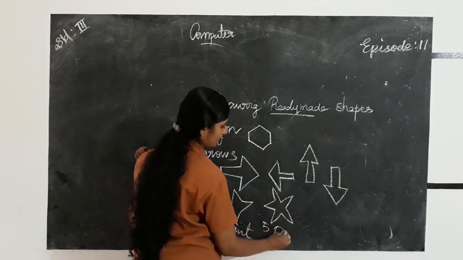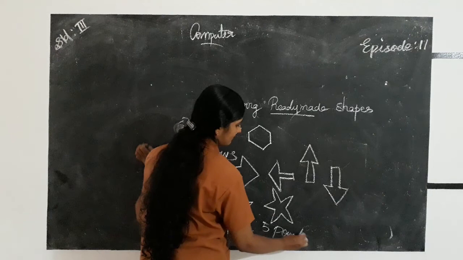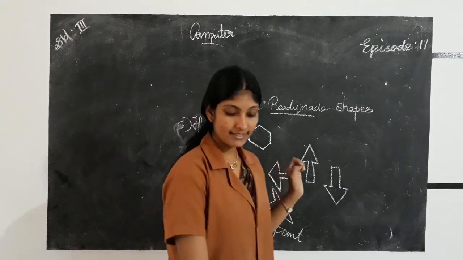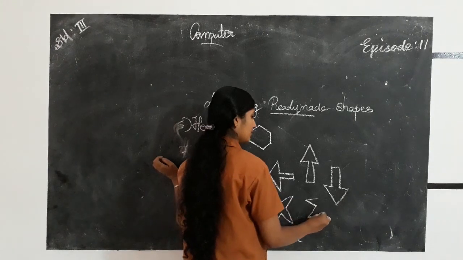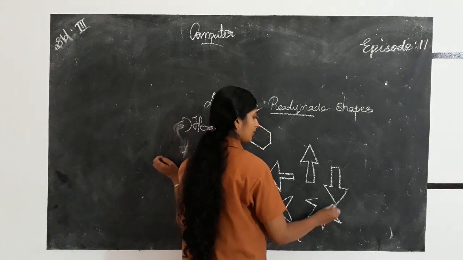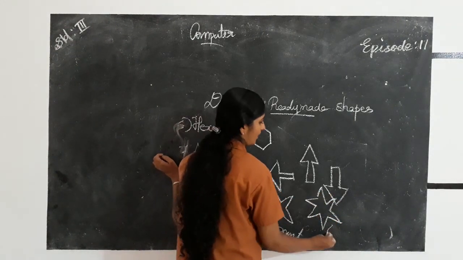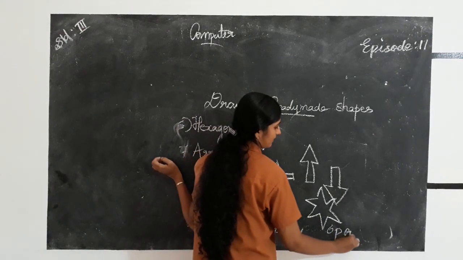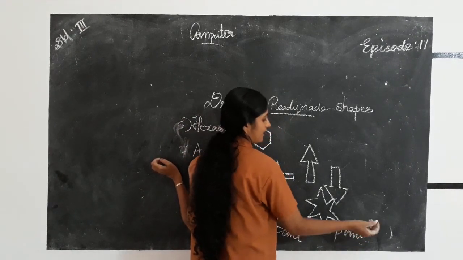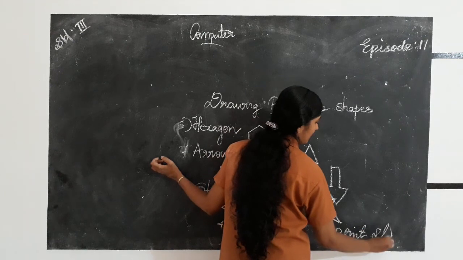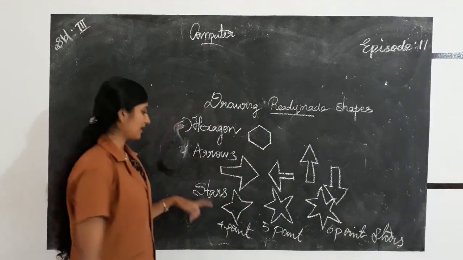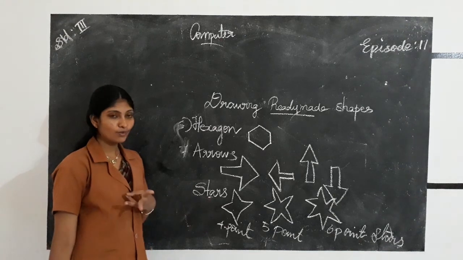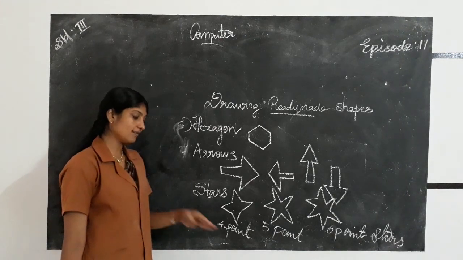Then next is 6-point stars. So next shape is star, which include 3 types of stars.